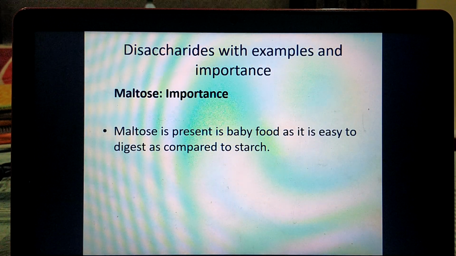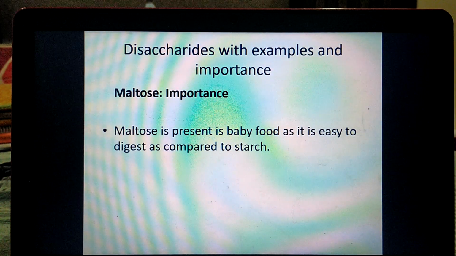It does not have any particular importance. The only thing is that baby food contains maltose because it is easily digested, as it is a partially digested product of starch. So this is about the disaccharides, their examples and importance.